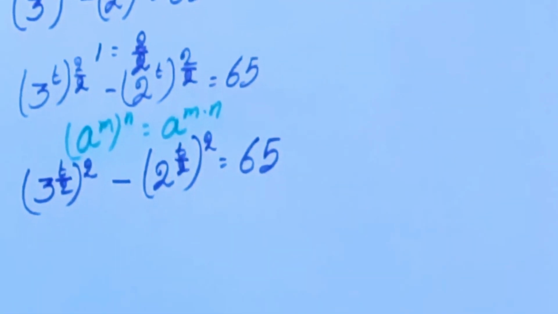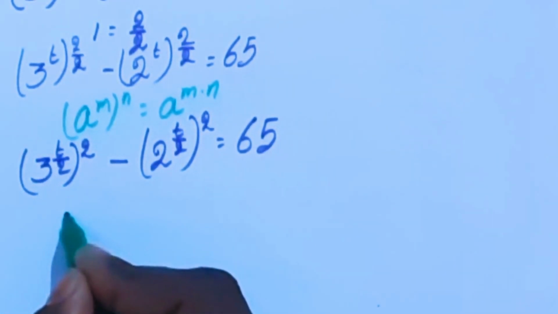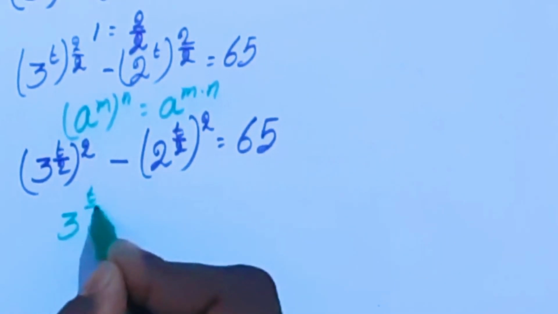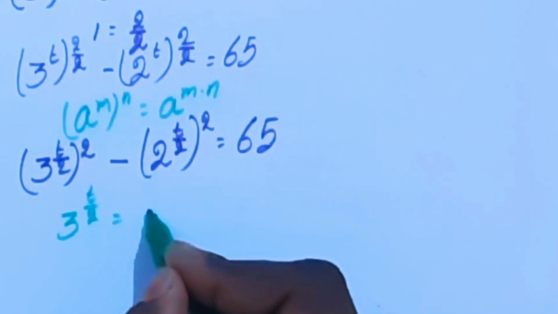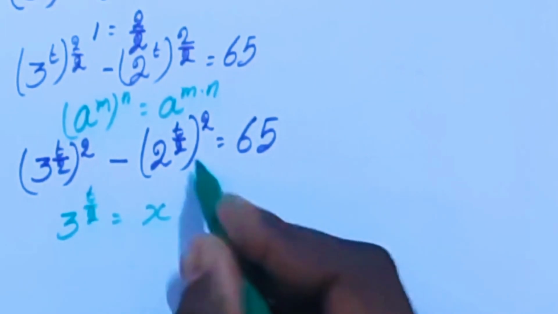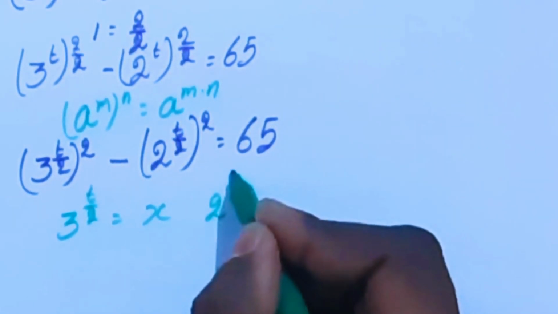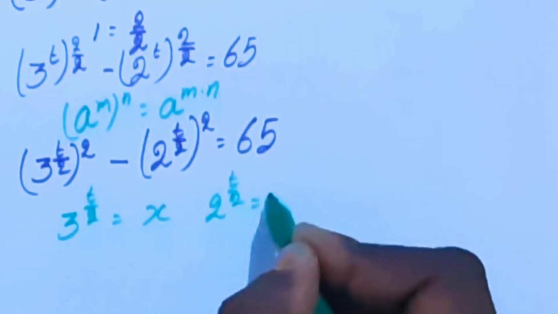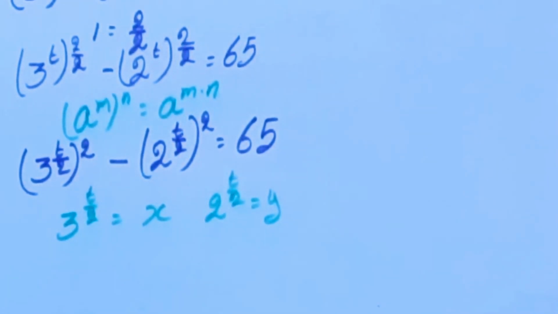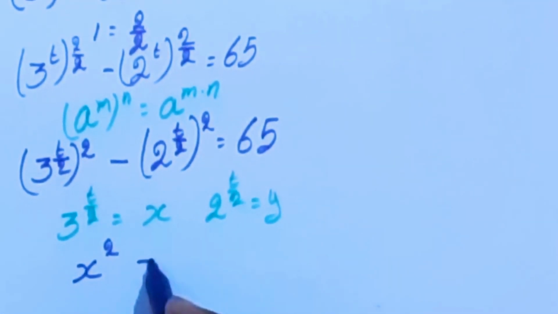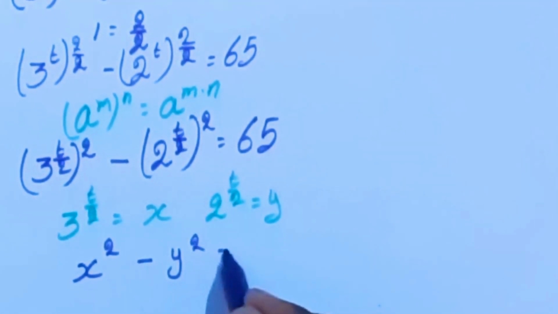Now this 3 power t by 2 equal to x, same way 2 power t by 2 equal to y. So we are going to implement this here. So x square minus y square equal to 65.